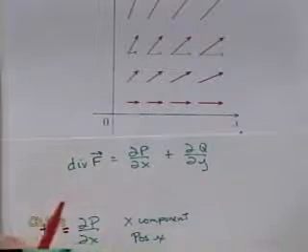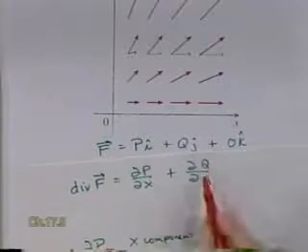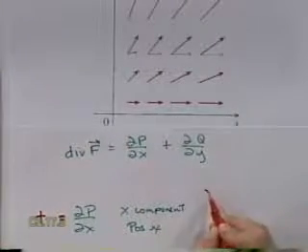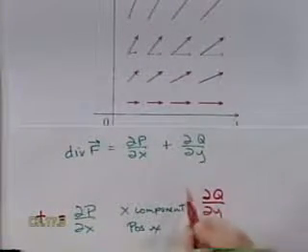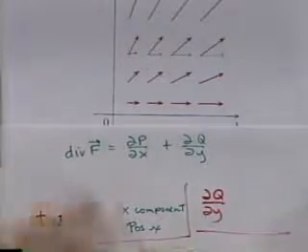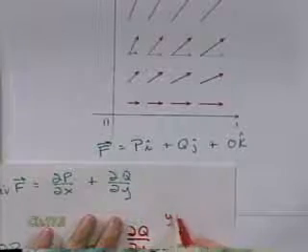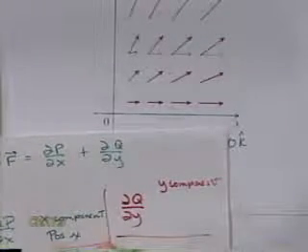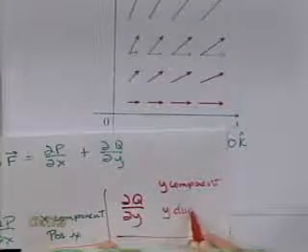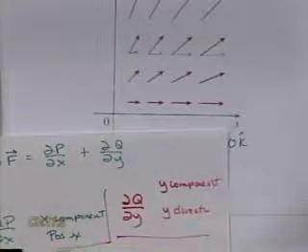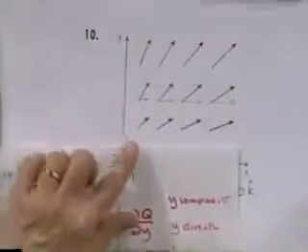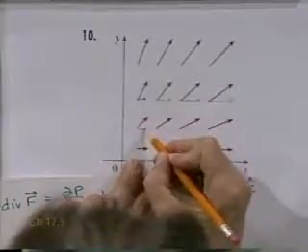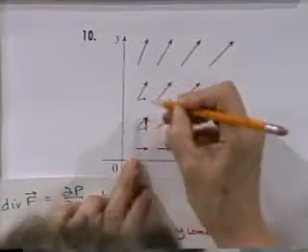We also had to figure out partial of q with respect to y, right? So if I'm doing partial of q with respect to y, we're looking at the y component. And which way are we moving? Y direction. Okay, so here my y component is 0. Here's my y component.